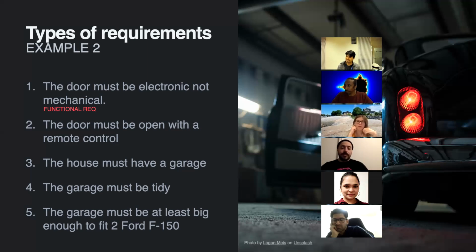But then the same can go for the second example, because it's still about the door. It is some specific door, but it might be the same door or maybe another door, by the way. But if it was written, the garage door must be open with a remote control, then it would be just a functional requirement, right? And if it doesn't have the word garage, is it still a functional requirement or not?